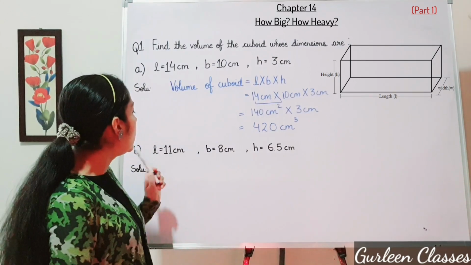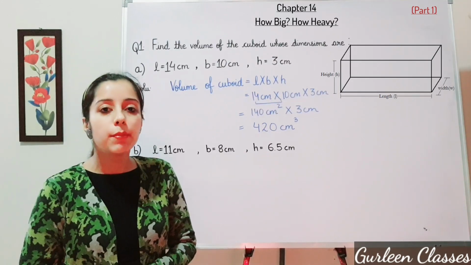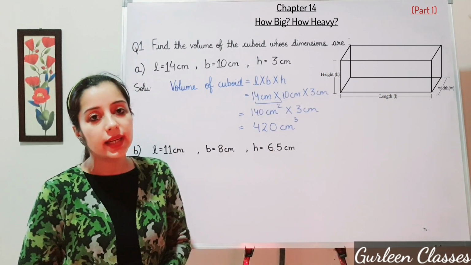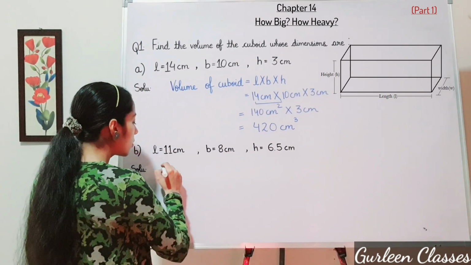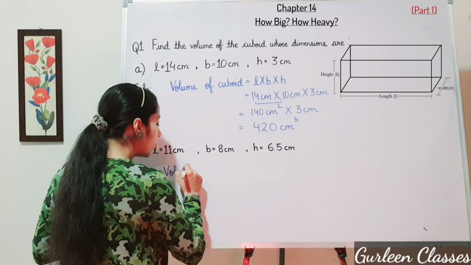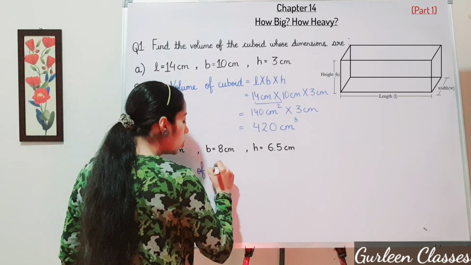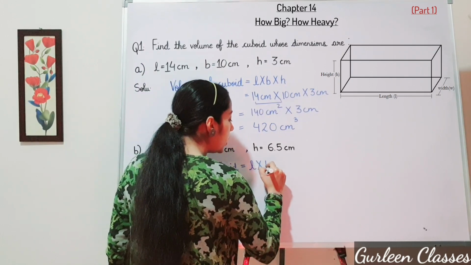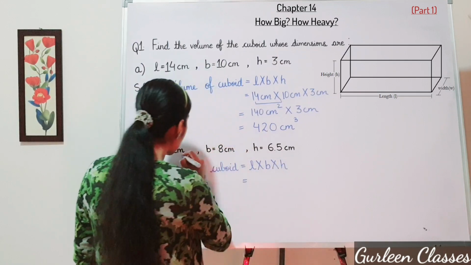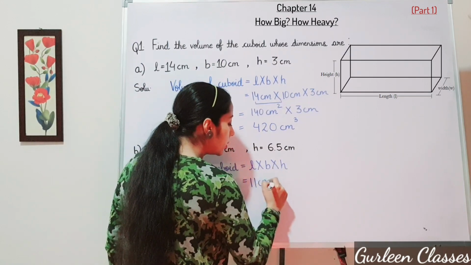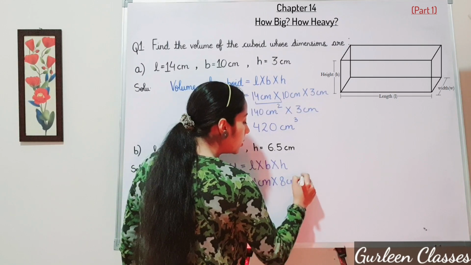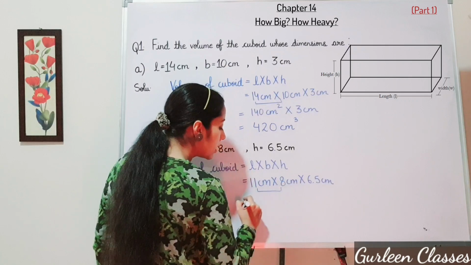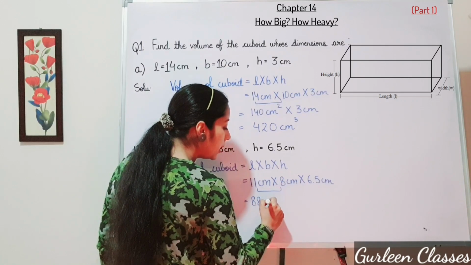Now B part: length is equal to 11 centimeter, breadth is equal to 8 centimeter and height is equal to 6.5 centimeter. So let us find out. Volume of cuboid is equal to L into B into H, that is 11 centimeter into 8 centimeter into 6.5 centimeter. 11 eights are 88 centimeter square.